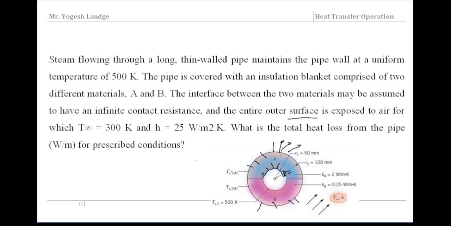Obviously there are two resistances here: one resistance from the insulation material, the conduction resistance, and one from the surroundings, the convection resistance. Since half the surface is covered by material A, the same happens on the other half: heat is transferred from the steam to insulating material B, and from the surface of B to the surrounding.